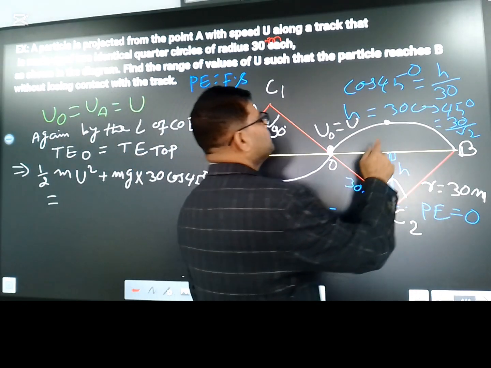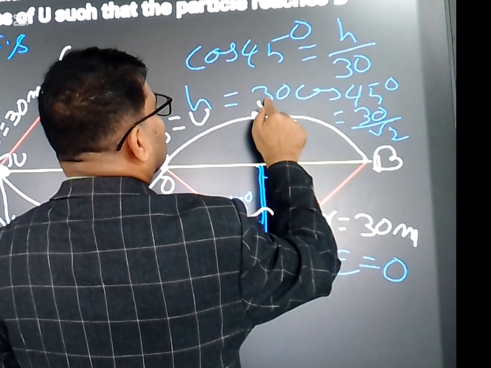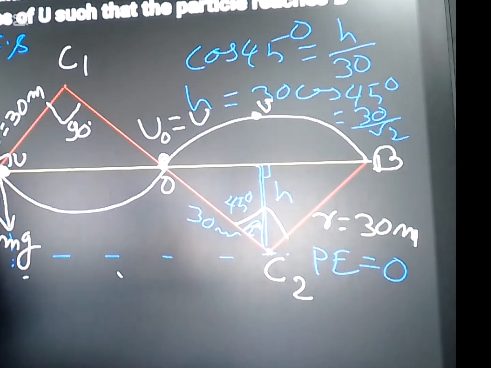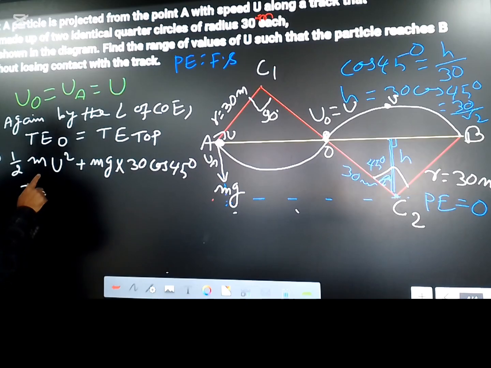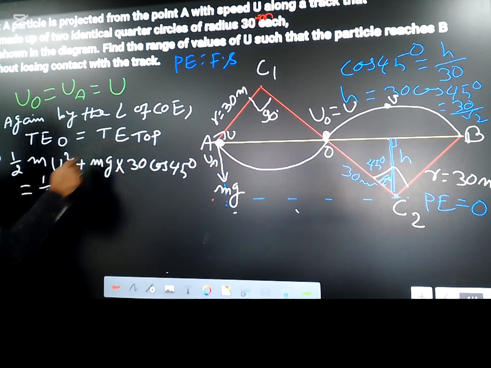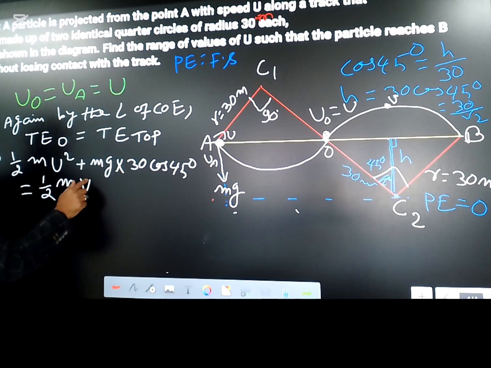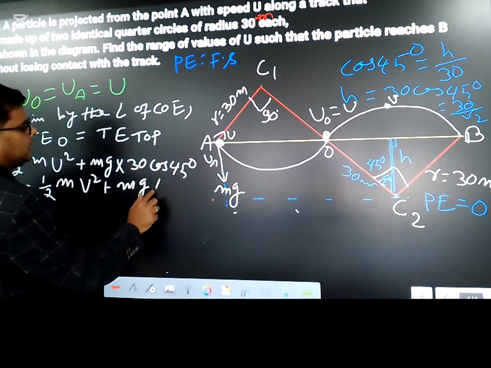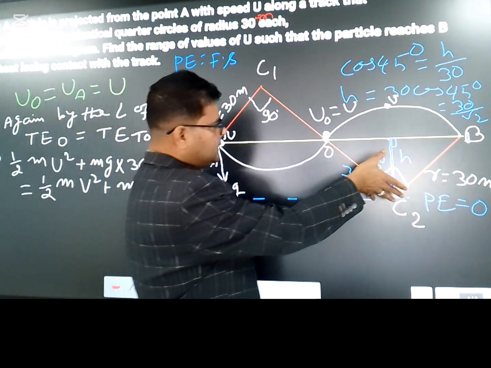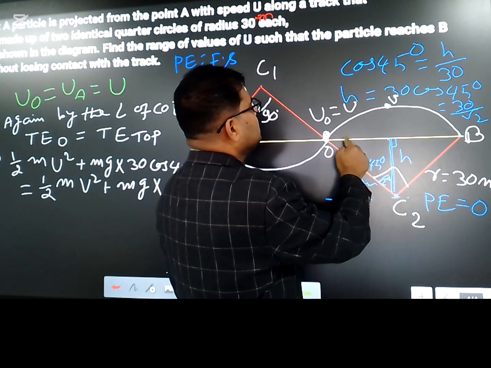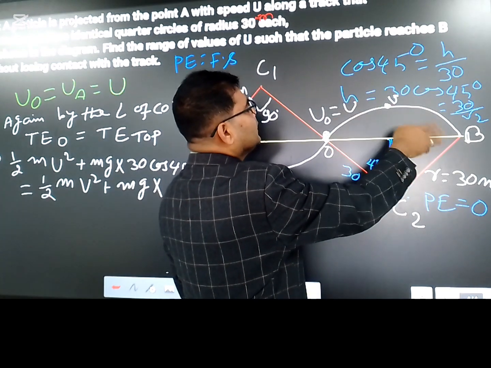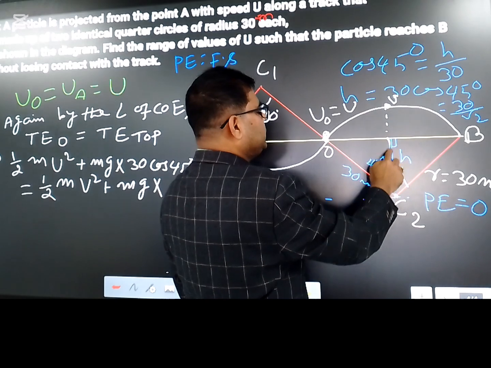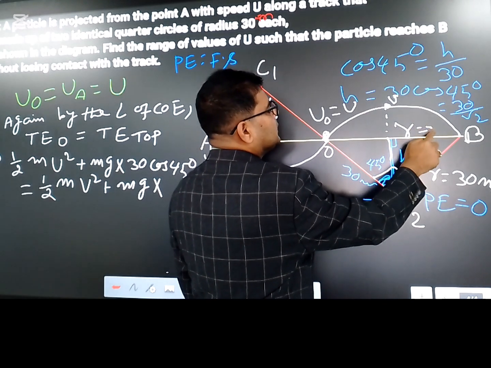Suppose that this particle has some velocity v at this point. Then we have kinetic energy at the top, half m v square, plus mg times the height. Now what is the distance above the zero potential level? This is r, the circular arc of this circle, so the height is r, which is 30.